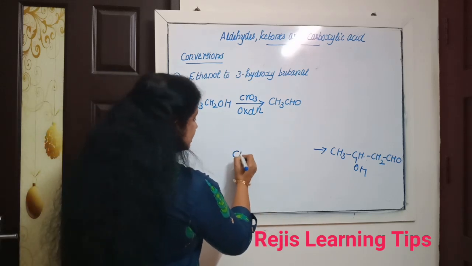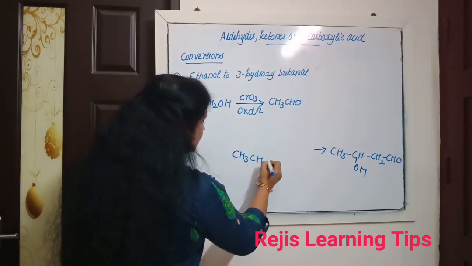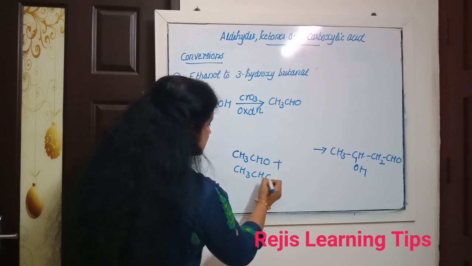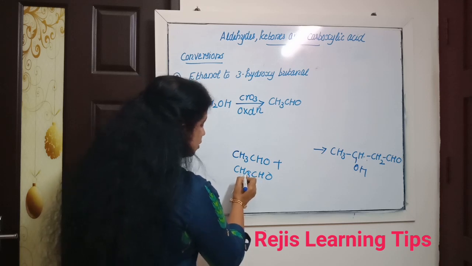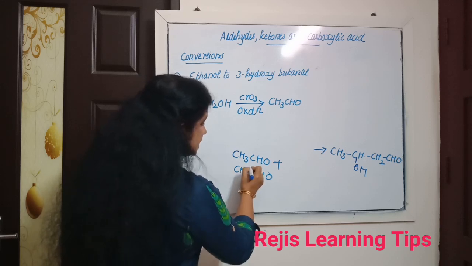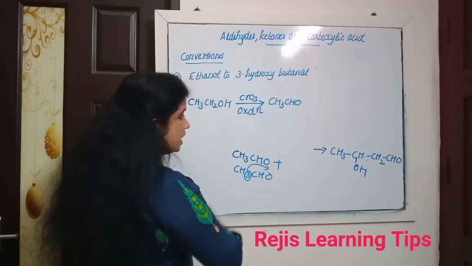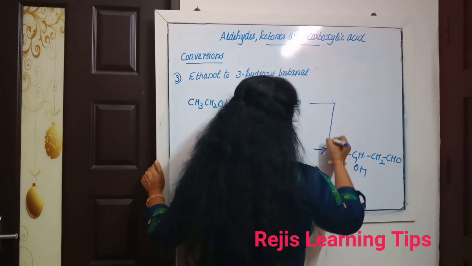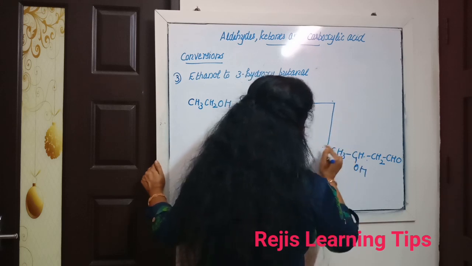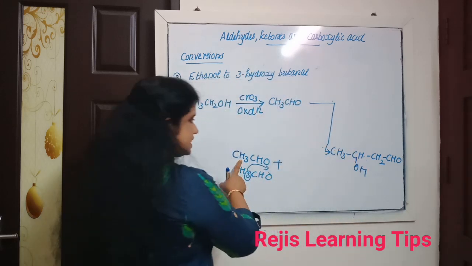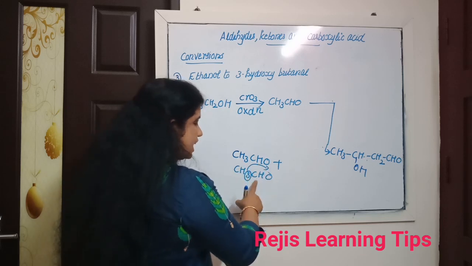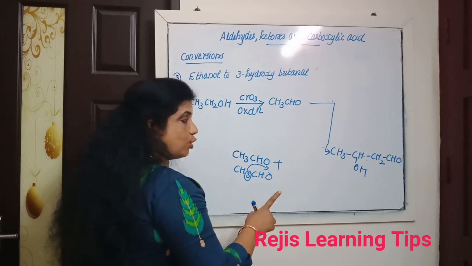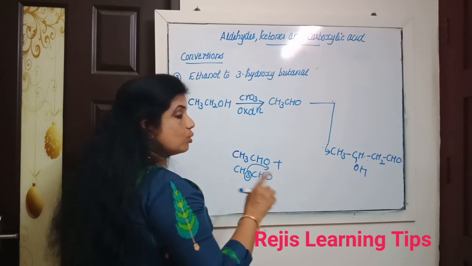Okay, this ethanal, CH3CHO, reacts with another molecule of CH3CHO. Then an alpha hydrogen atom is attached to this oxygen. Then we will get the product CH3 CHOH CH2CHO, beta-hydroxybutanal.